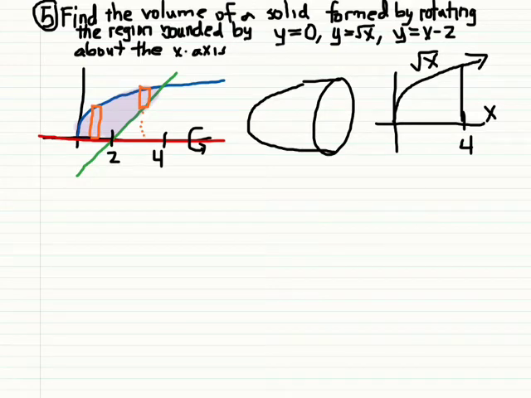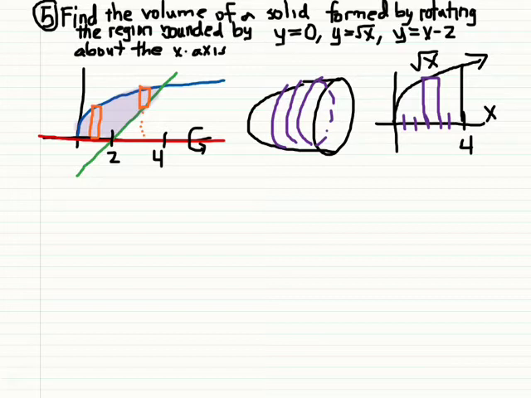Alright, so to calculate the volume, what we want to remember is that we have circular cross-sections. So if I were to imagine making a cut of my shape in this vertical direction, I get a bunch of circles. And so this would correspond to creating a partition along the x-axis. And so I could approximate the volume by thinking about the kind of volume I would get from a single rectangle.